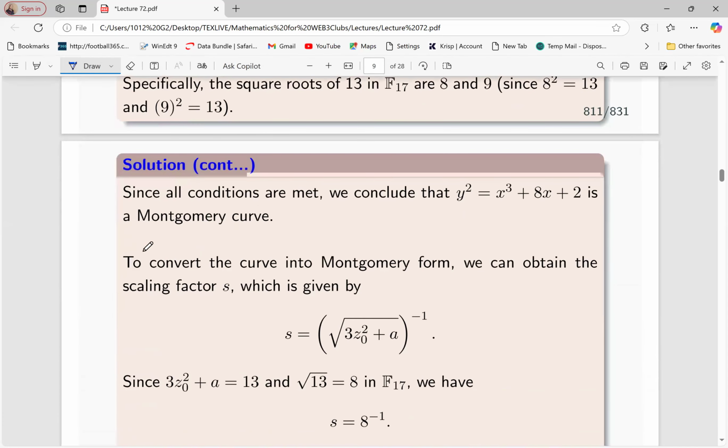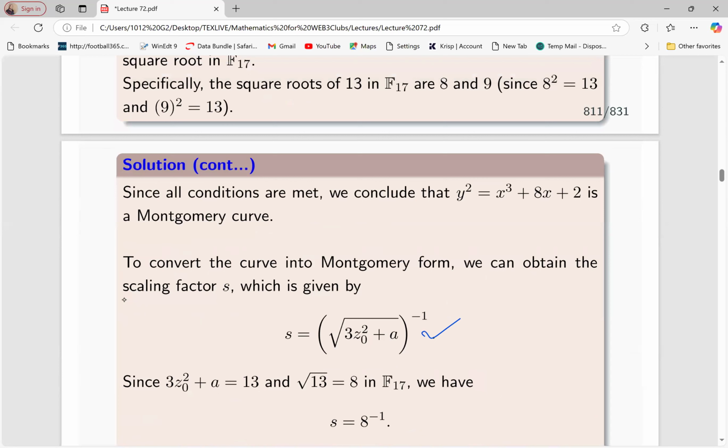So let's calculate our S. Our S will be given by that formula. We had found Z naught was 8.